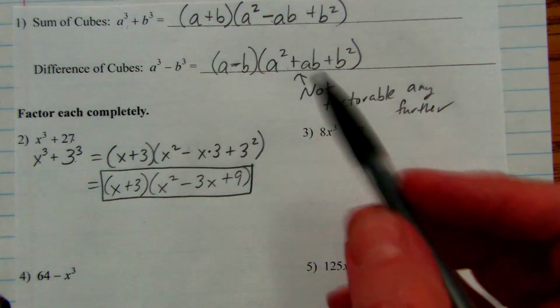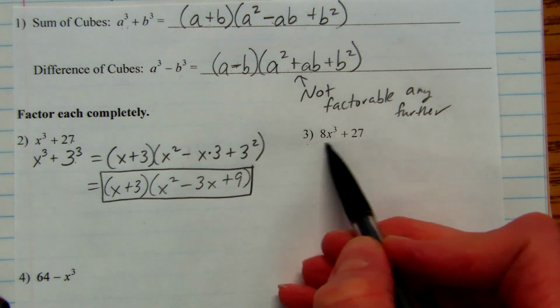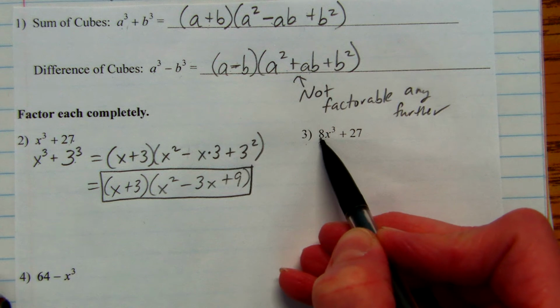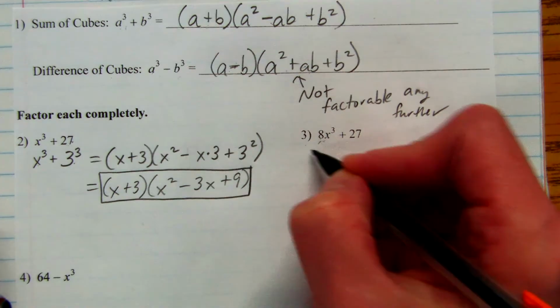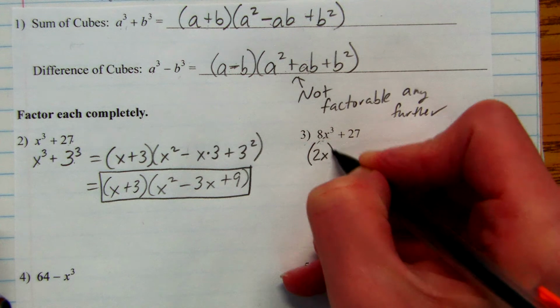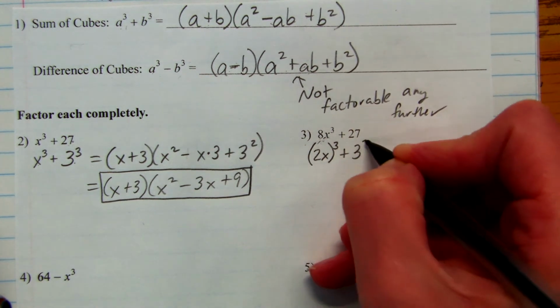So what's different on number 3 is I have a coefficient in front of the x. So I need to think about how I can write 8 as something cubed. 2. So what I'm going to do is put 2 and x in parentheses and cube the whole thing. And 27 we just looked at, that's 3 cubed.